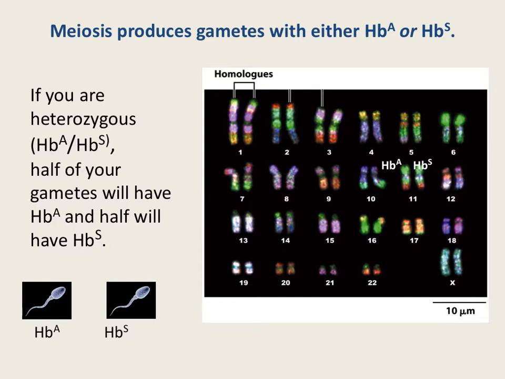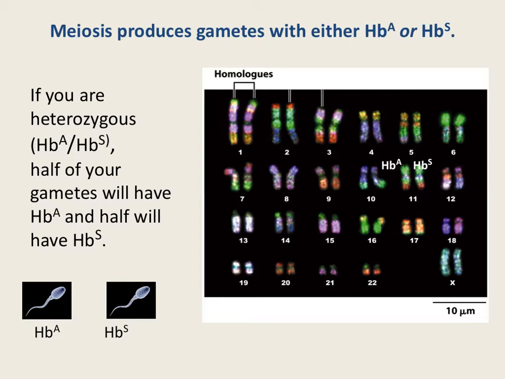Okay, so here we are back with meiosis and with sickle cell. So, if you're heterozygote for this, that means half your gametes will have HBA and half will have HBS.